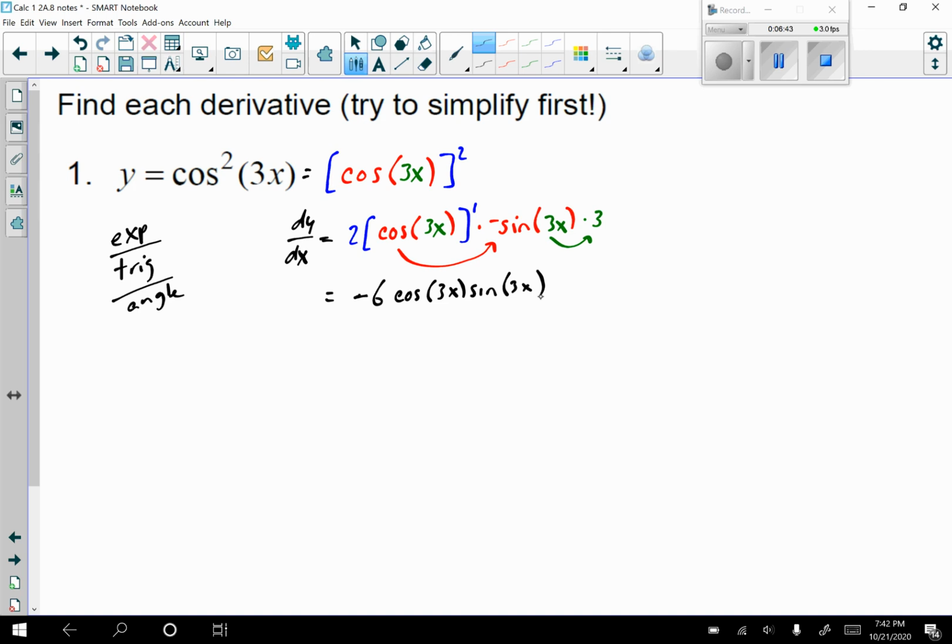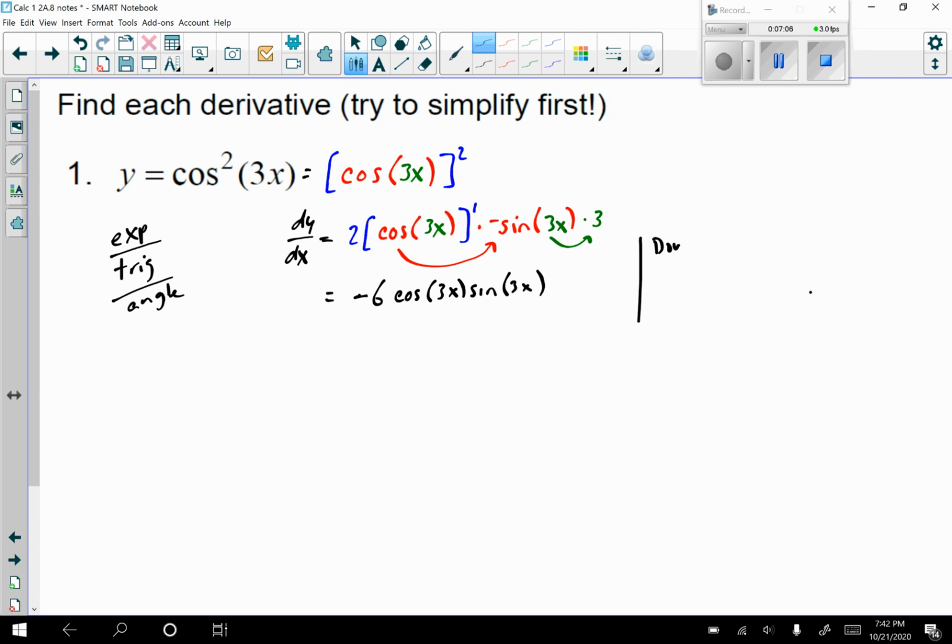All right, to simplify this, we would like to have as few trig functions as possible, whether we're starting a derivative or finishing it. And this one we're finishing. We have 2 trig functions, but we can simplify this down. The key here is we have a sine multiplied by a cosine with no exponents on it. That should remind you of a double angle formula.